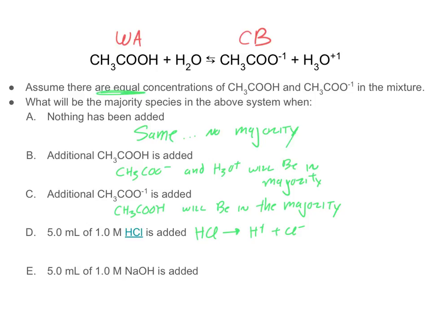Each reacts with the acetate to form acetic acid. We said in the last slide that when you add strong acid, it becomes more acidic, and the pH will go down. So what has to go up in order for the pH to go down? The H3O plus.